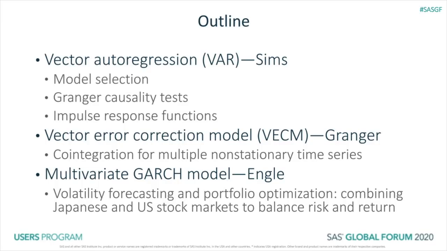Sims introduced the vector autoregression to the macroeconomics field, and Granger put a lot of effort into the study of cointegration, which is addressed in the vector error correction models. Engle proposed the ARCH model and later extended it to the GARCH model for modeling the volatility in time series.